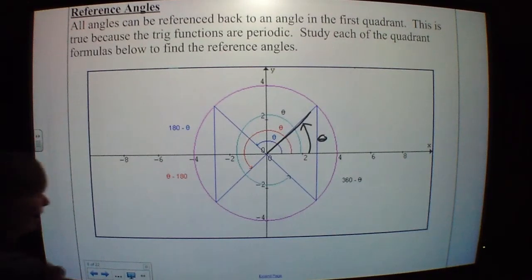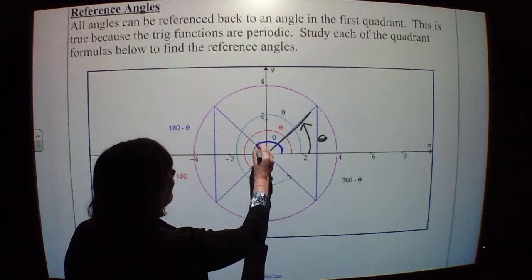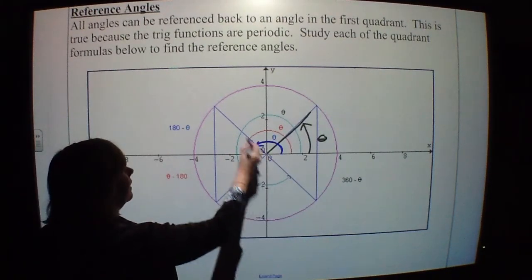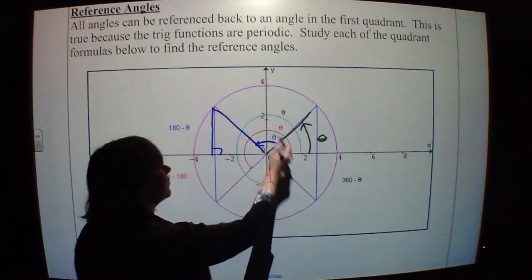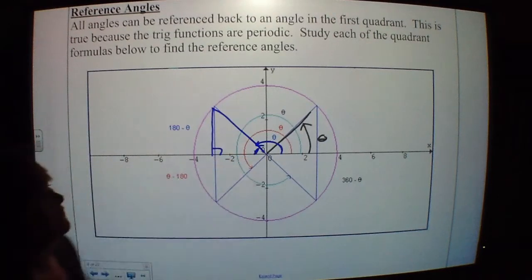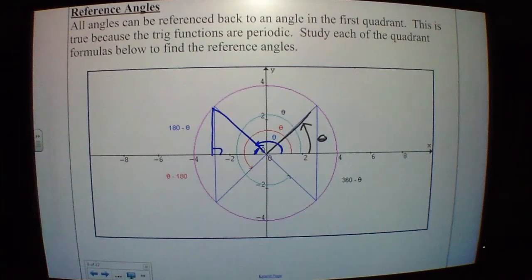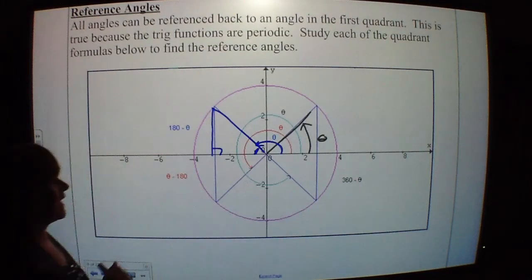If I'm in the second quadrant, I can draw a right triangle, and even though this is theta, I could call it the sine of the reference angle. So there's my reference angle. Reference angle always with respect to the x-axis.